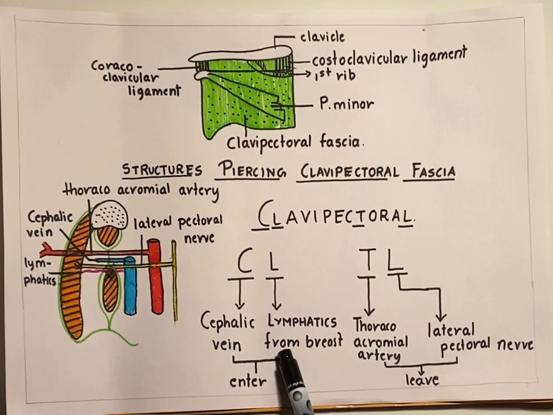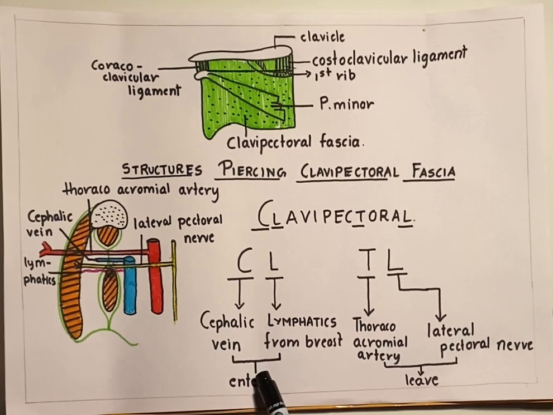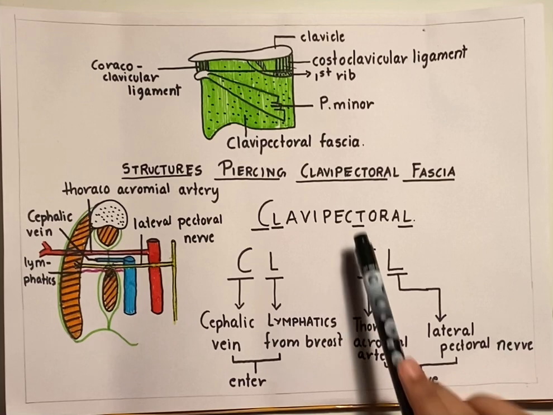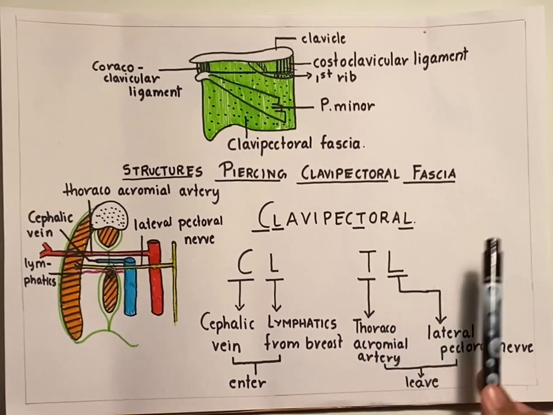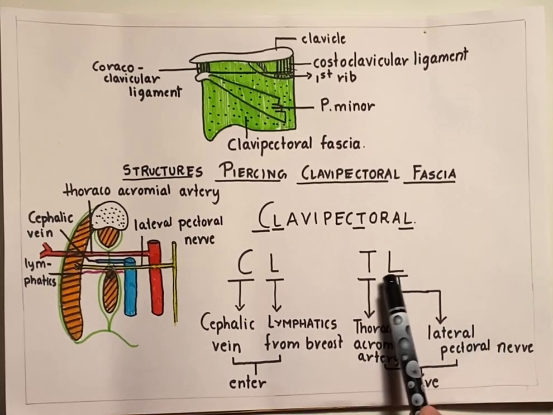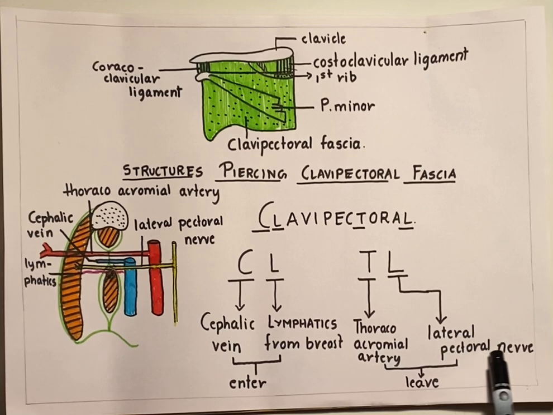Both of these structures, that is cephalic vein and the lymphatics from breast, enter the clavipectoral fascia, or in other words, they pass inwards. The T here stands for the thoracoacromial artery and the L stands for the lateral pectoral nerve.